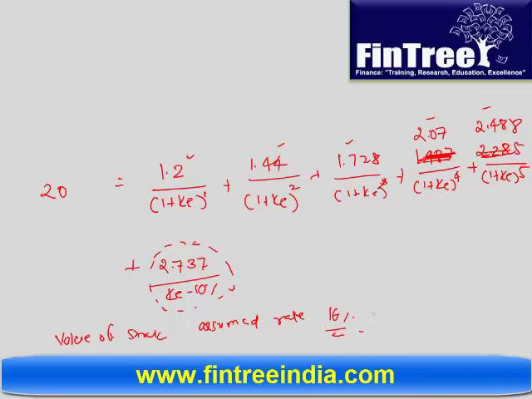So solve this question, input everything at the rate of 16% and solve for it. So 1.2 divided by 1.16 M plus, and then 1.44 divided by 1.16 square, and so on and so forth. Solve for all the cash flows.